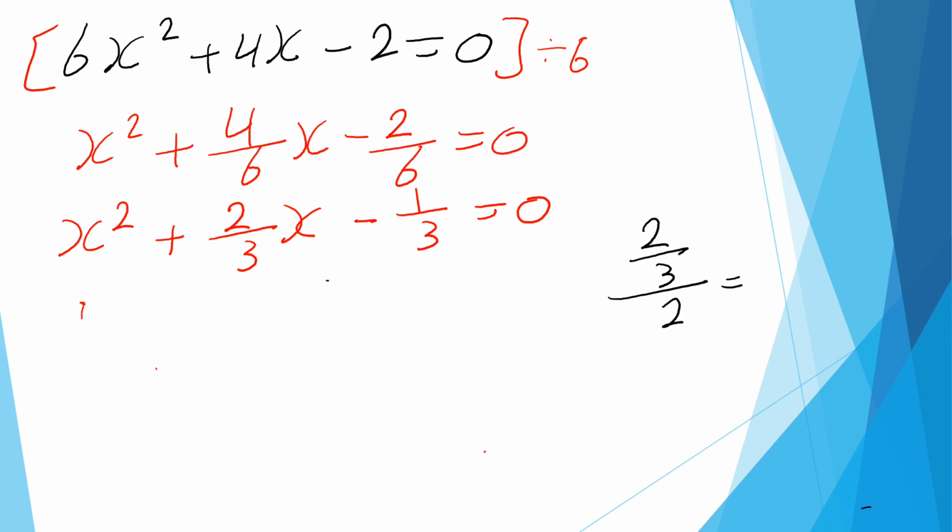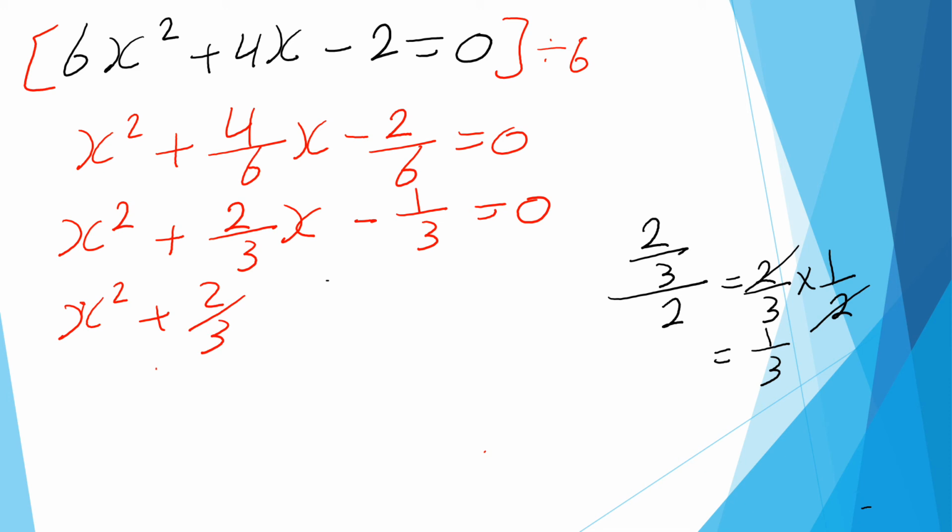And using your fractions, simplify, you get 1 over 3. And that's why you're going to x squared plus 2 over 3 x, square it. Now it's 1 over 9, so I'm going to add 1 over 9 minus 1 over 9, minus 1 over 3 is already from here, equals 0.